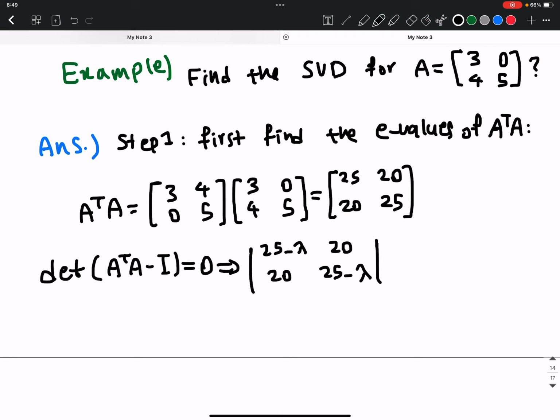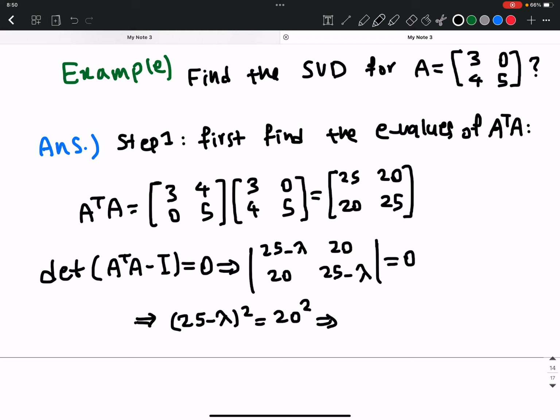The determinant of that equals 0. So this will give us the equation 25 minus lambda squared equals 20 squared.